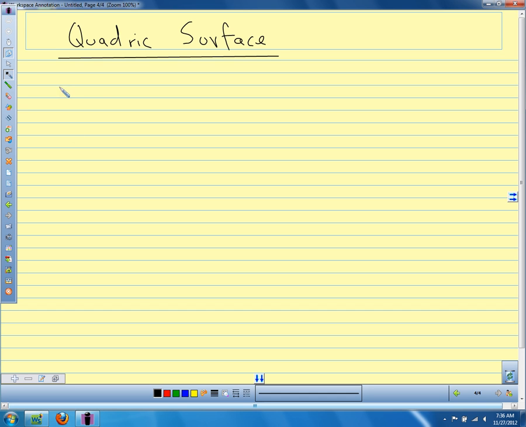So our equation for a quadric surface is going to be a second degree equation involving the three variables in some way.